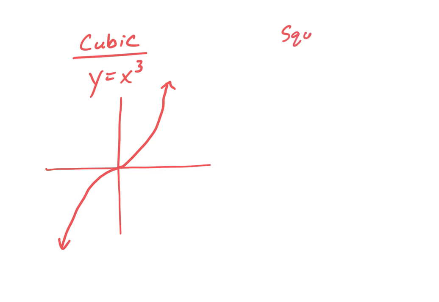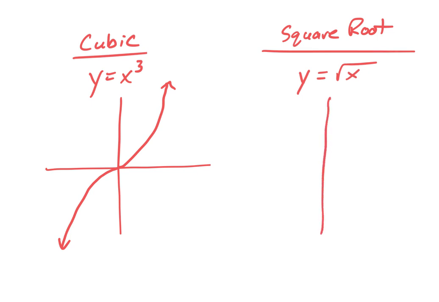Okay, the fourth one is what we call the square root function. It has a square root in its equation. We saw a couple of these last chapter when we were talking about domain and range.